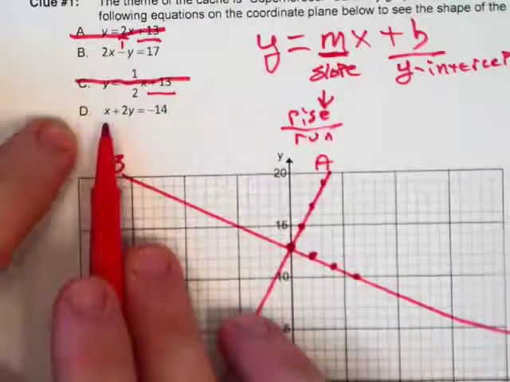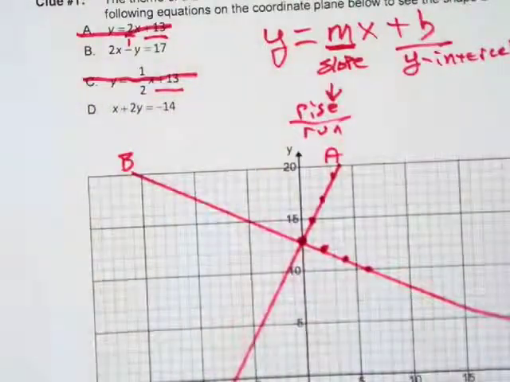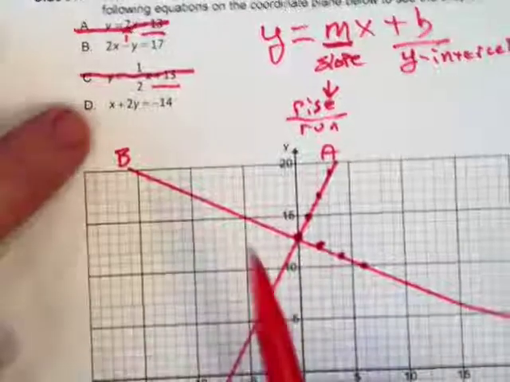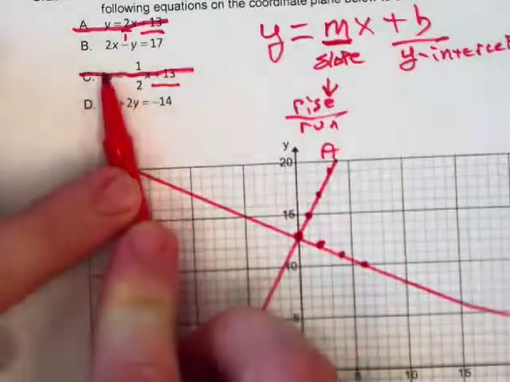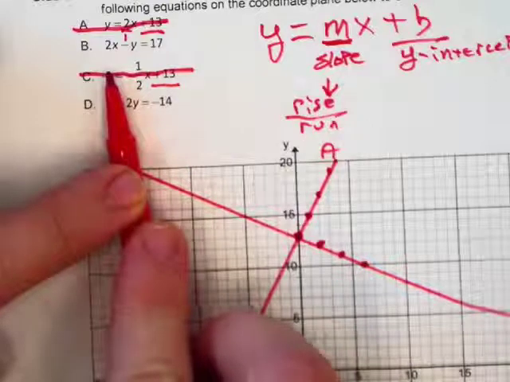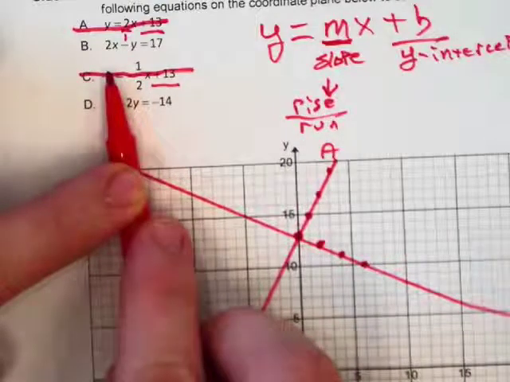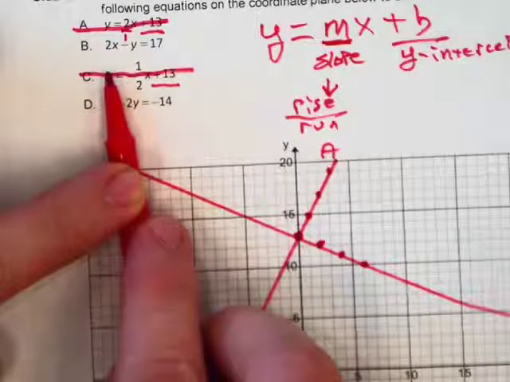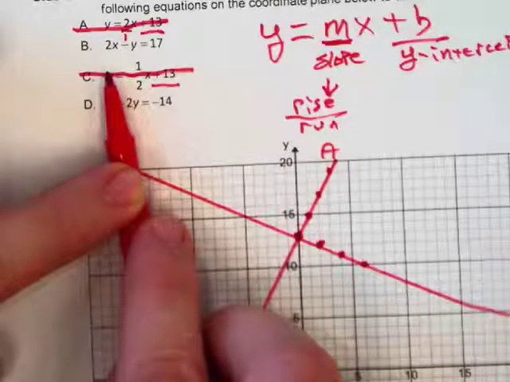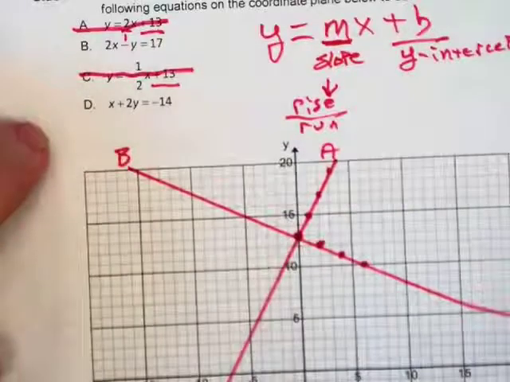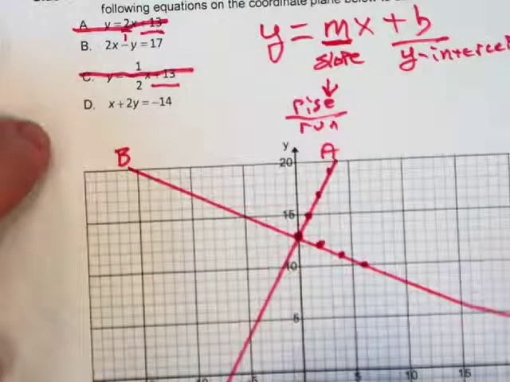If we look at D, we can use the cover-up method. And what that means is if I cover up the x, I have 2y equals -14. So if I divide both sides by 2, I have y equals -7. So that tells me that it crosses the y-axis at -7.